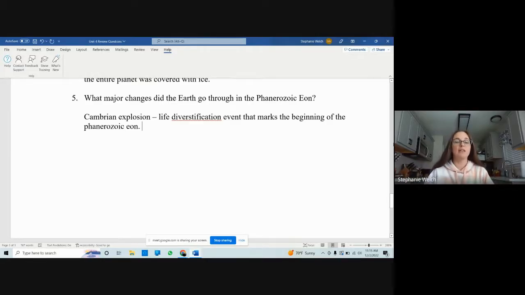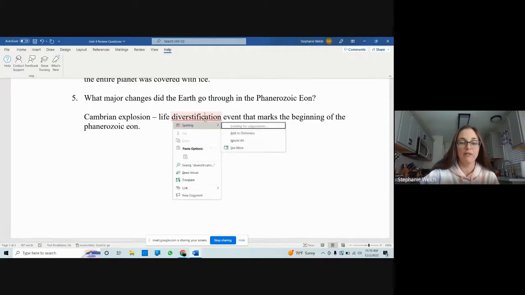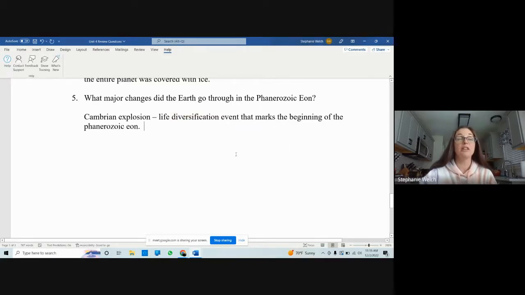So you get lots and lots of different forms of life, and particularly lots of different forms of animal life, which is of course of major importance and interest to us because we're animals.